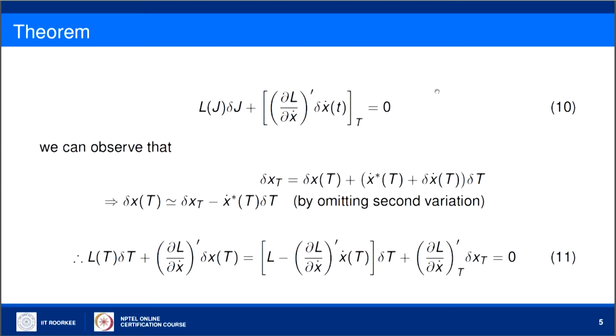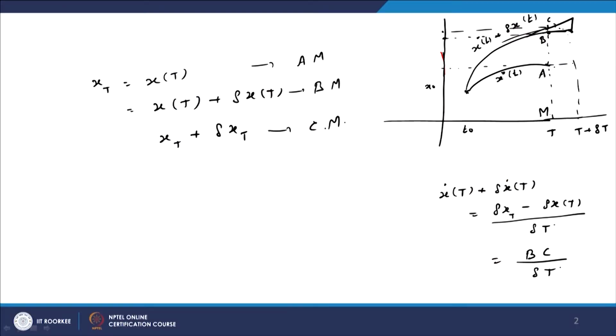From here we can easily see that del x suffix T is equal to del x of T, the variation in x of T, plus the following. The point A is the final position of x star, and the point B is the incremented position of the x star at capital T. That is, x of capital T is this position, and the incremented value is x plus del x of capital T, and this x suffix T is the final position.